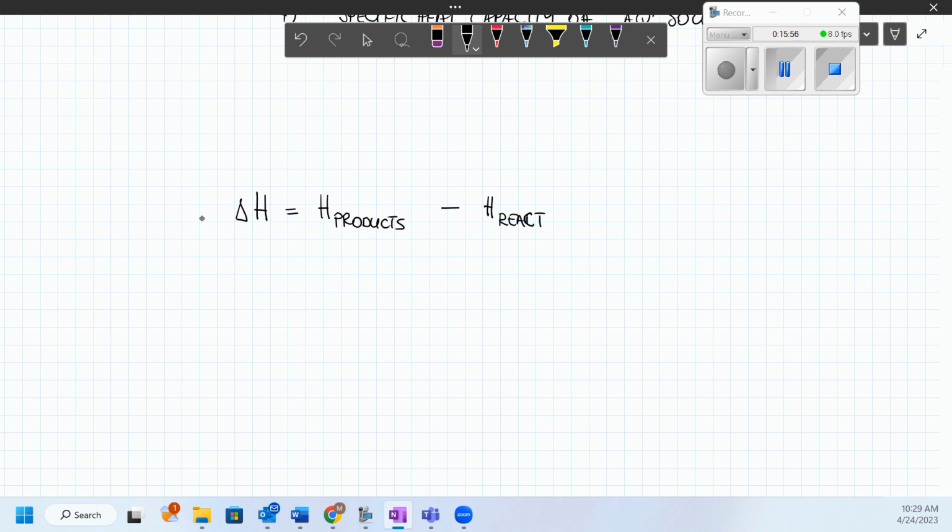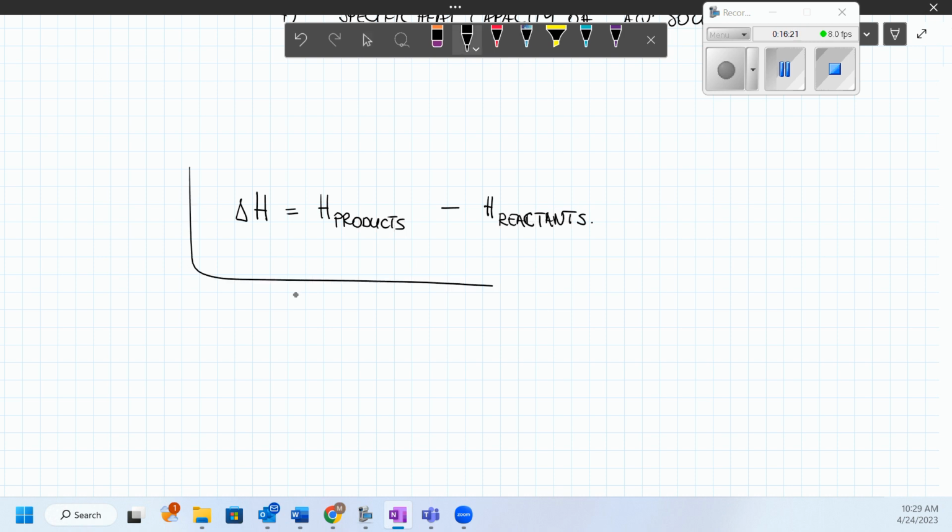Remember that the chemical reaction has two parts, reactants and products. So the enthalpy of the product minus the enthalpy of the reactant is known as the change of enthalpy of the system.